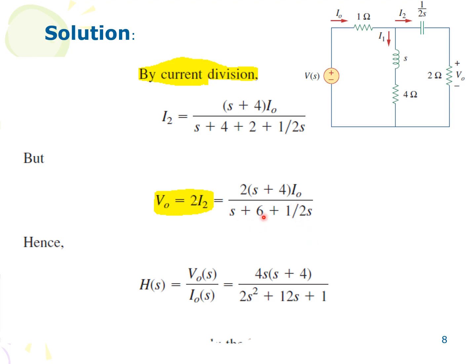That 2s will multiply with the numerator, which will give you 4s into (s plus 4). So that is the transfer function of the circuit, and this was unknown, so this is the answer.